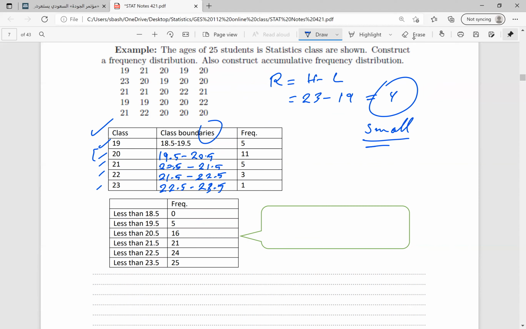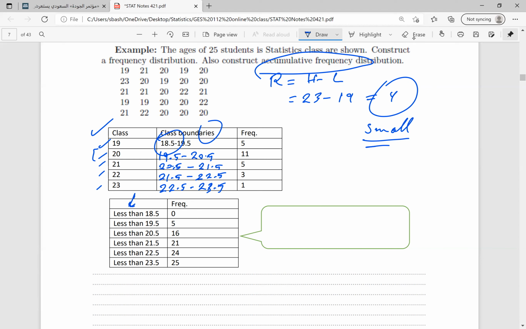Now, we need to construct the cumulative frequency. See the first column. I will take the lowest limit. I will start with that limit to say less than 18.5.